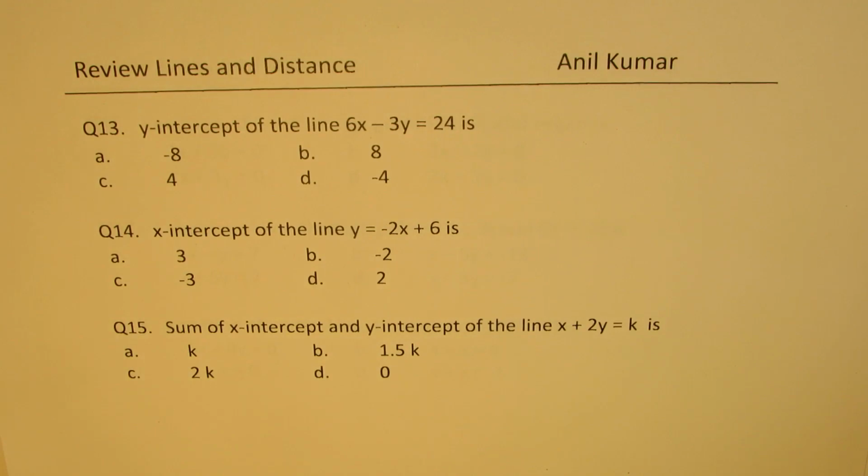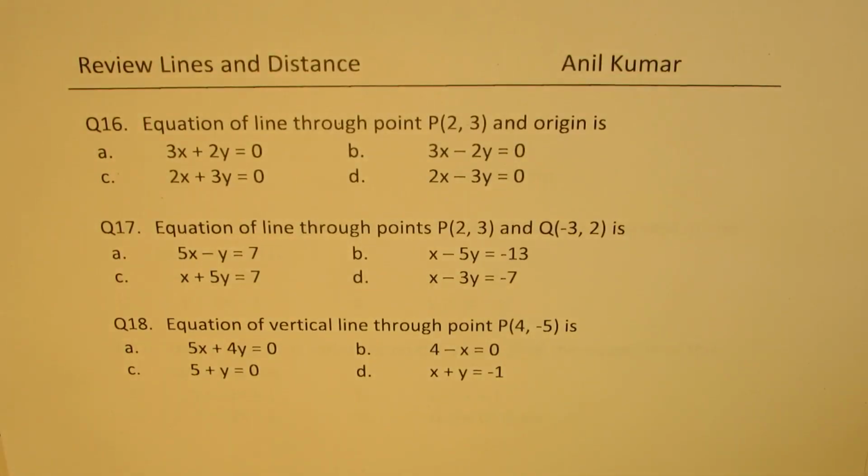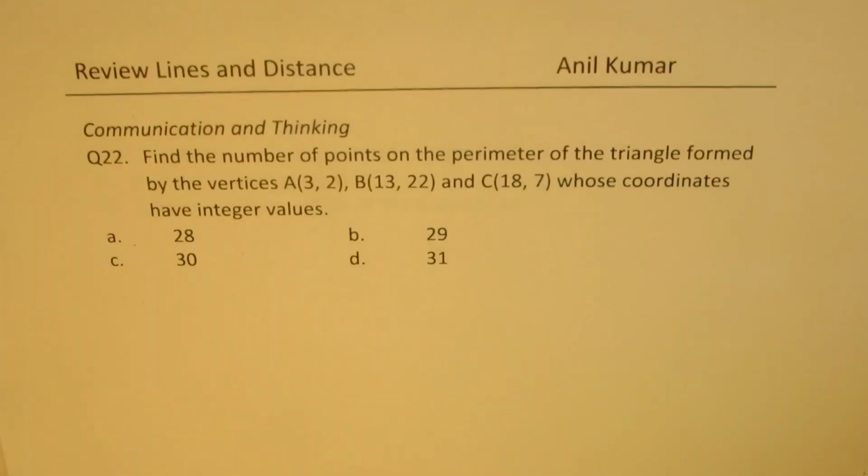And then we'll consider the intercepts of the given lines. And then we'll try to find the equation of lines for given conditions. So these are slightly difficult conditions to work with to find the equation of lines.